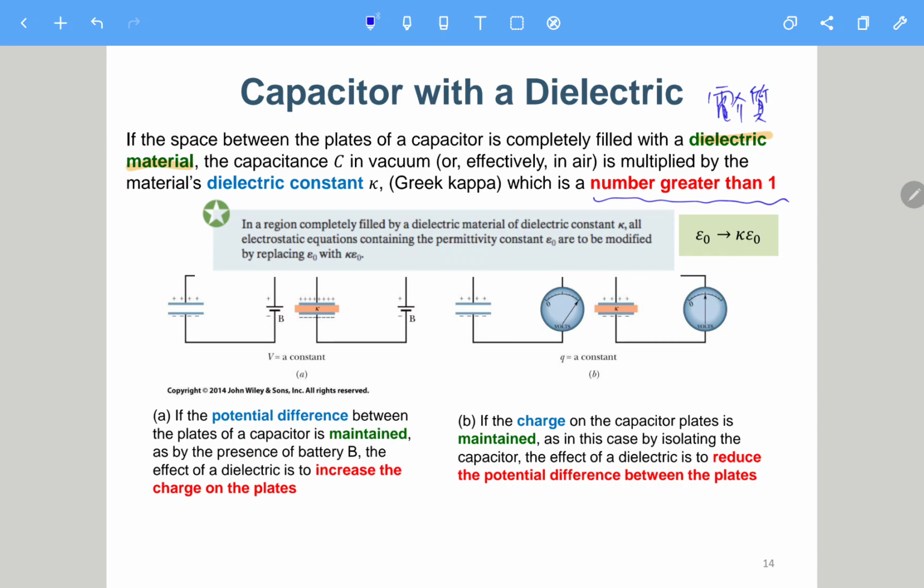Greater than 1, because in other materials the speed of light will be lower than the speed of light in the vacuum. That's why the ultimate speed in the universe is the speed of light. You cannot make anything move faster than the speed of light.